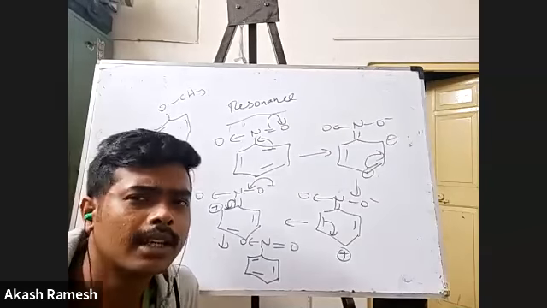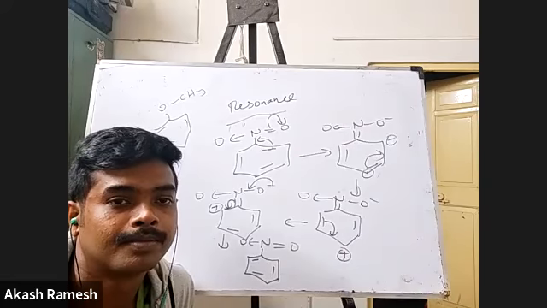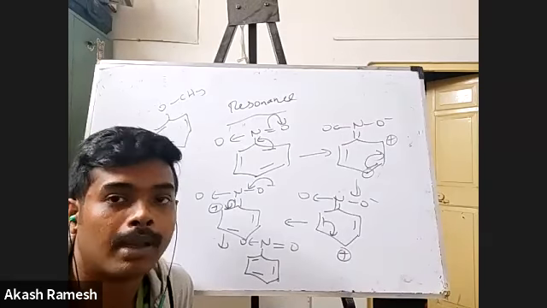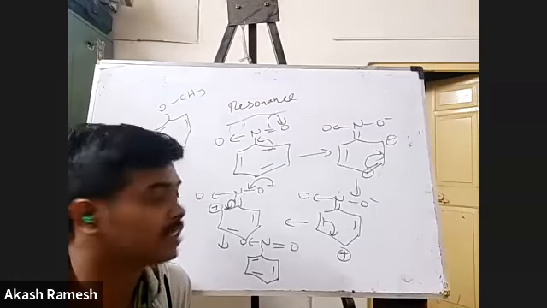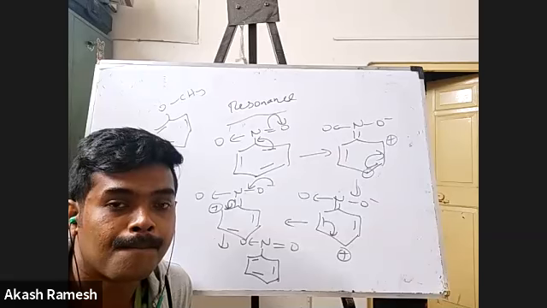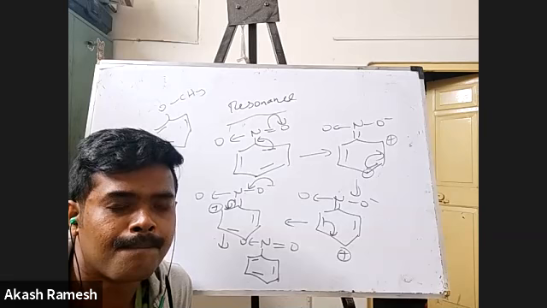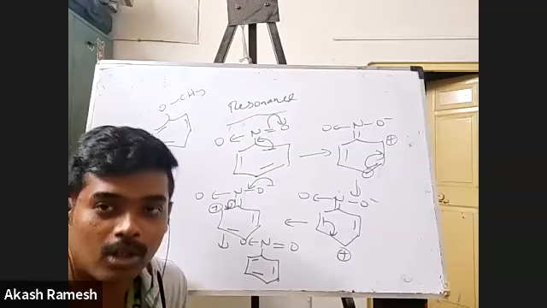Any other functional group you can think of, a benzene ring attached to some functional group which will give this kind of minus R effect? Any guesses? Aldehyde groups. Good, good. Acids. Yes, acids, that will also work.